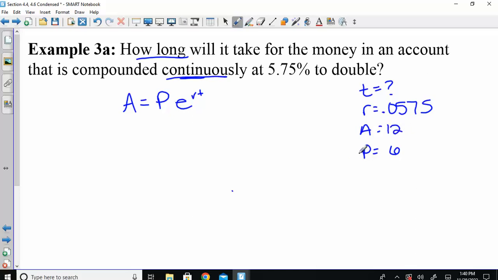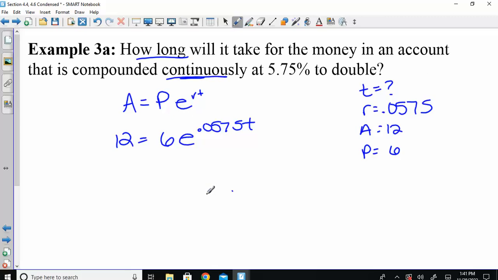You could pick any P value you want, and then your A would be double that. If I wanted to triple it, then if my P were 6, my A would have to be 18. So now let's plug in. We have 12 equals 6 e to the 0.0575 t.